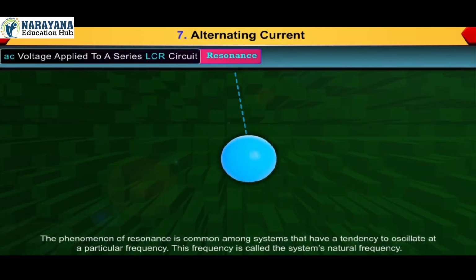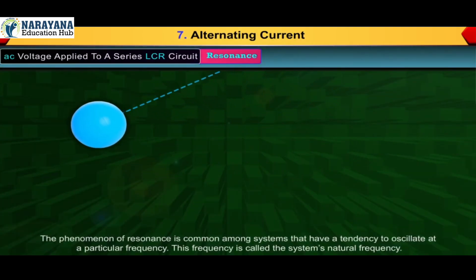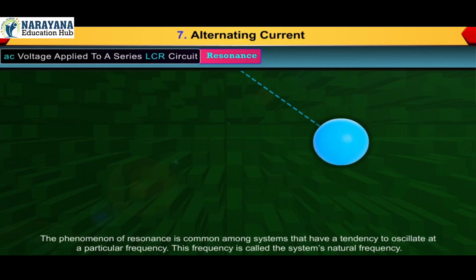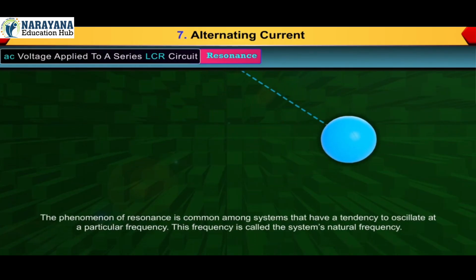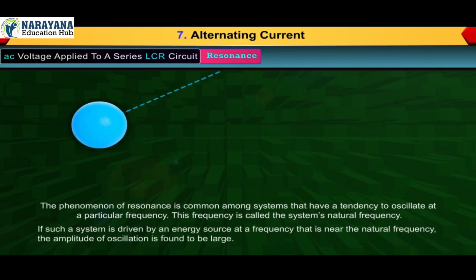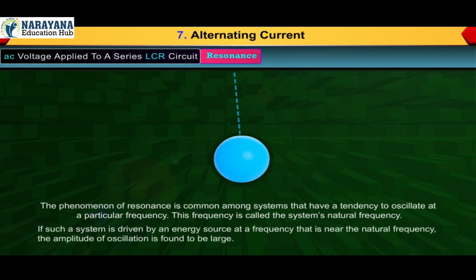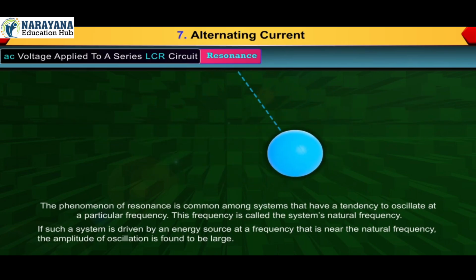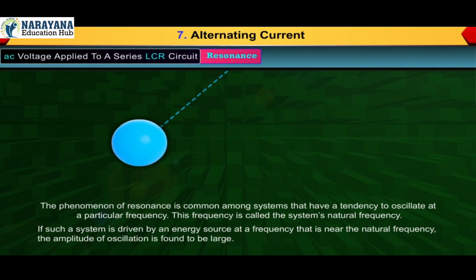Resonance. The phenomenon of resonance is common among systems that have a tendency to oscillate at a particular frequency. This frequency is called the system's natural frequency. If such a system is driven by an energy source at a frequency that is near the natural frequency, the amplitude of oscillation is found to be large.